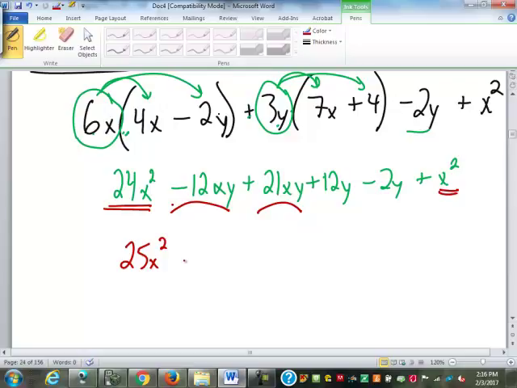How about with the negative 12xy? 21xy gives me, careful, negative 12 and positive 21. Positive 9xy, there you go. Now I've got the 12y and negative 2y make.